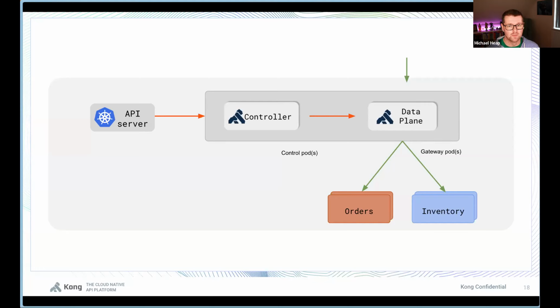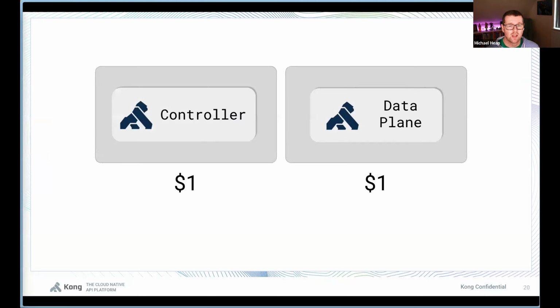They're in the same pod. In KIC 2.9, we're actually splitting that so you can have independent Ingress pods and Gateway pods. You might be thinking, well, why do I want that? So I'm going to bring it back to something that we all care about, which is money.